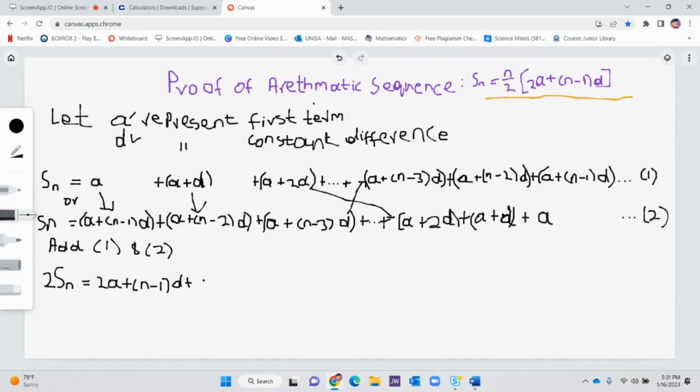A plus a will give us 2a. Then this one, if you multiply it out, is going to be nd minus 2d. So we will have nd minus 2d plus a d, which is minus d. If we take d out as a common factor, then we're going to end up having n minus 1 into d.